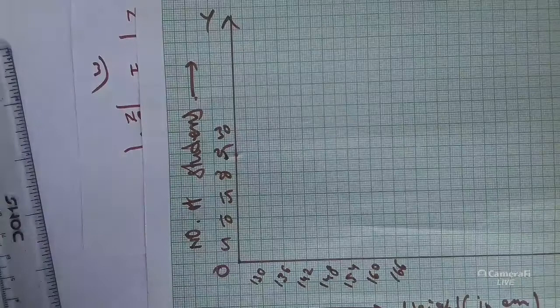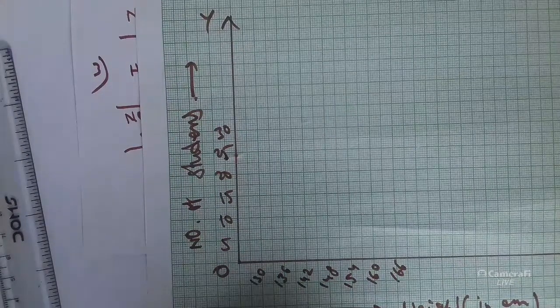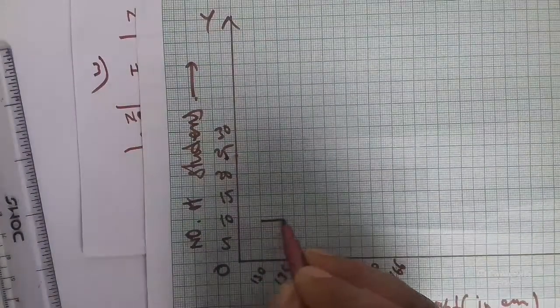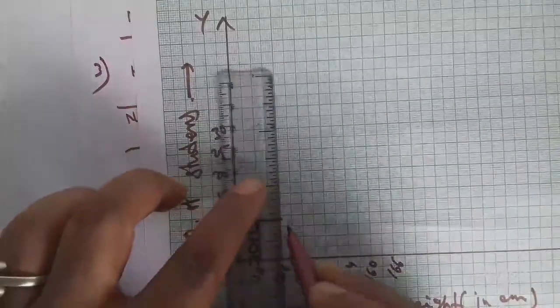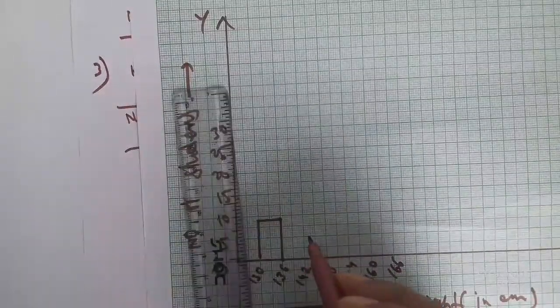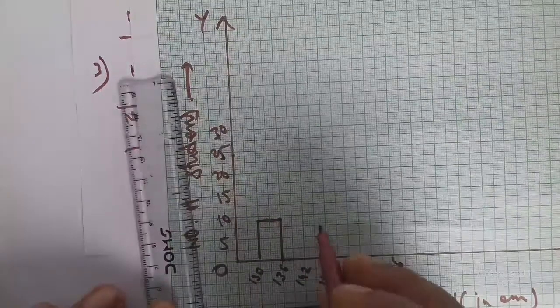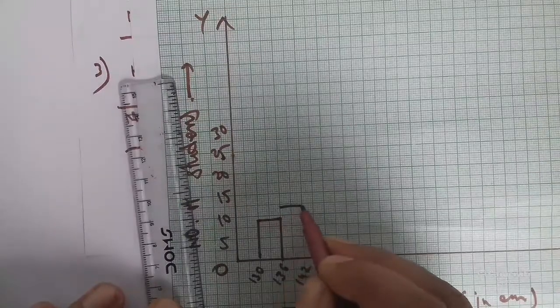Now number of students from 130 to 136 is 9. So here it is 9. Then 136 to 142 is 12. So here is 12.